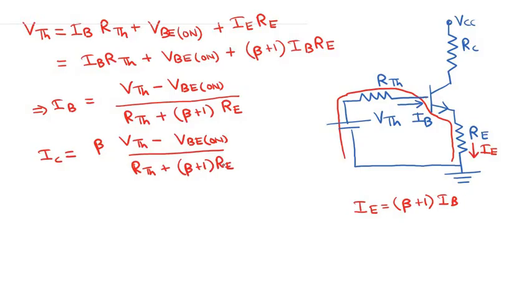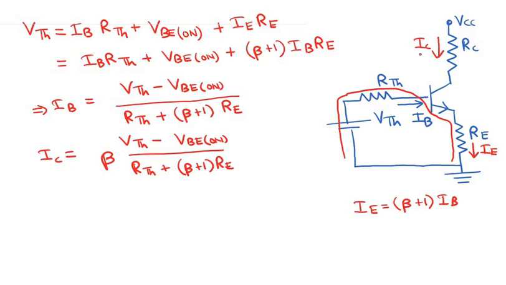Now I told earlier that this resistor RE is used to enhance the biasing stability. It is used to prevent the DC value of the collector current IC from varying when beta of the transistor changes.